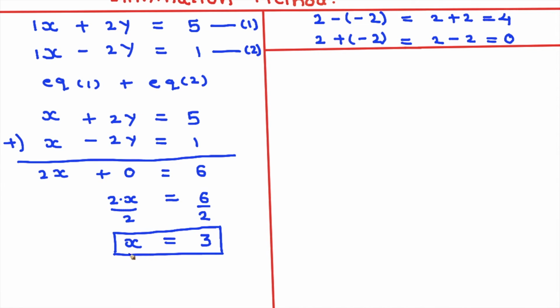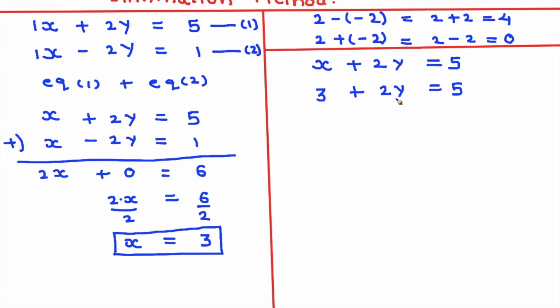Now once we got the value of x, we are going to substitute this x in any of these two equations. I prefer the first equation because all the variables in that have positive signs. So let us pick up that equation here: x plus 2y equal to 5. We are going to substitute x as 3. So 3 plus 2y equals 5.